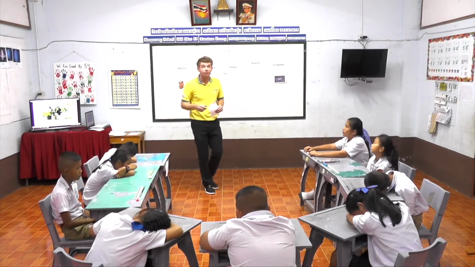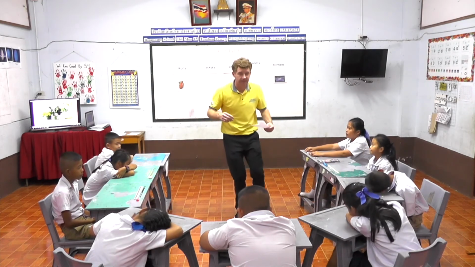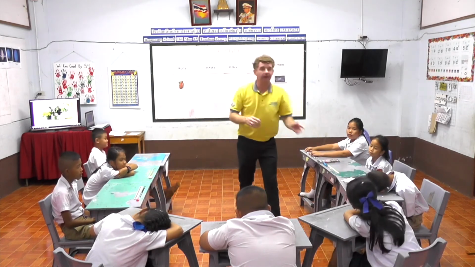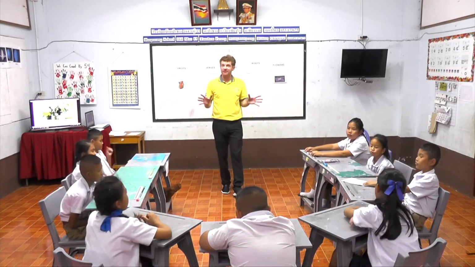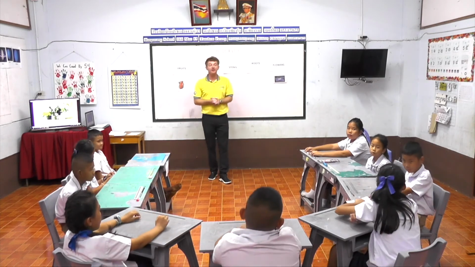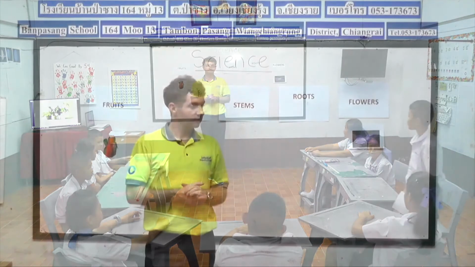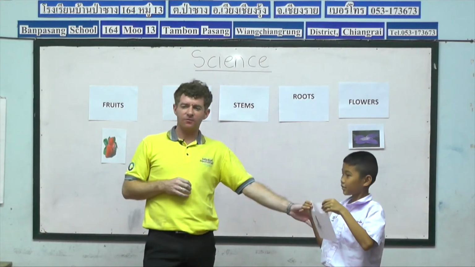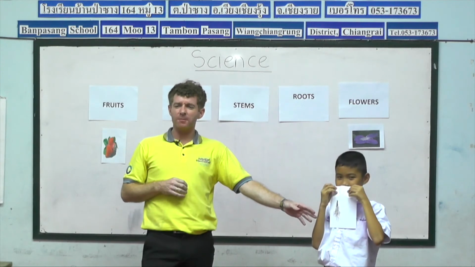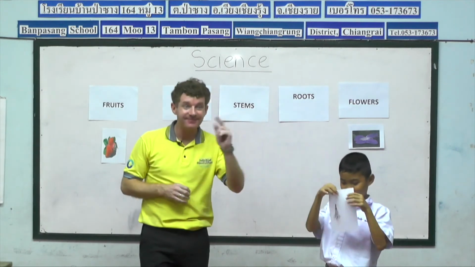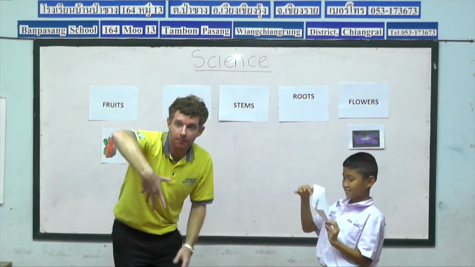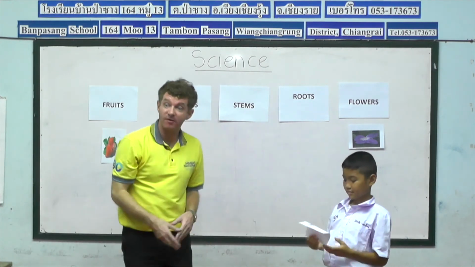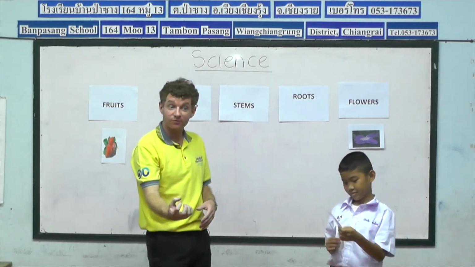Now it's time for our next picture. So let's see if Bangpon can bring this picture forwards and we can tell what part of the plant is on Bangpon's flash picture. So Bangpon, can you show it to your friends? Here we go, guys. Does anybody remember what part of the plant is this? Excellent, the roots. The part of the plant that go underground and attach the plant to the soil.